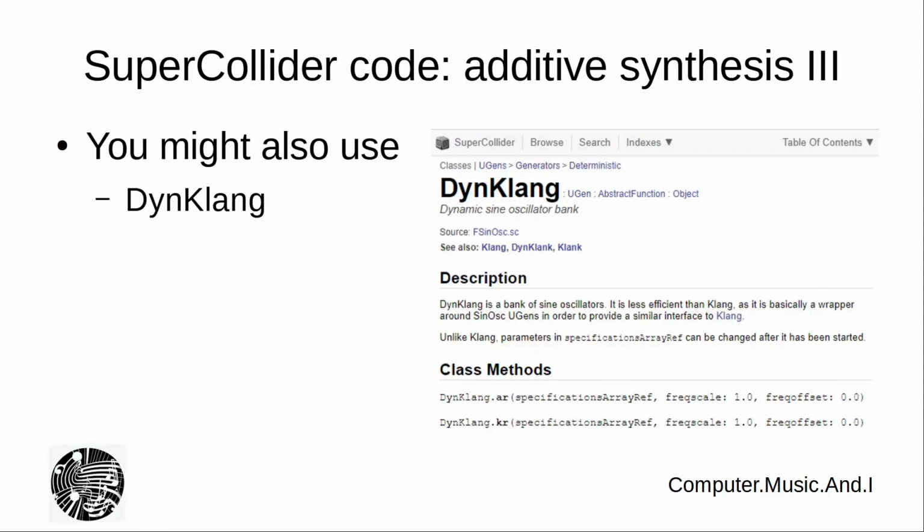Now, the final thing I didn't really implement, at least not today, but I used it before in other examples, because additive synthesis, in the way that we've seen, is also a part of the SuperCollider library, and there's one UGen which is called DynKlang, and DynKlang is a dynamic sine oscillator bank, and so just as we've seen before, we simply specify the frequencies and the amplitudes in an array reference, and then DynKlang does all the rest for us.